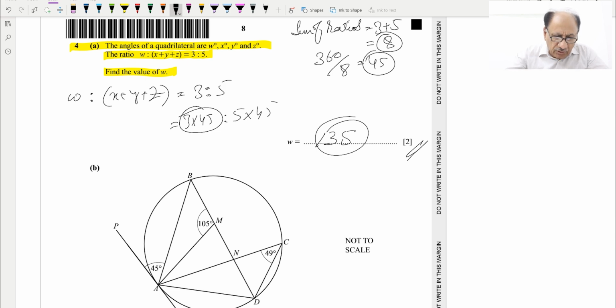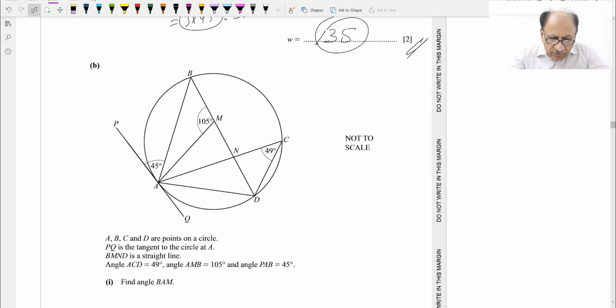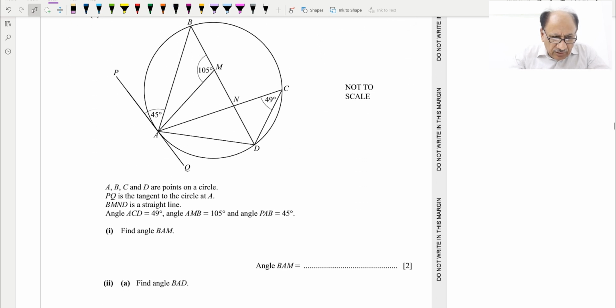Hopefully you understand this. Now B part is circle theorem, and circle theorem is saying, basically, it's not to scale first thing. Then A, B, C, D are points on the circle. So A is here, B is here, C and D is here. So they're saying PQ is the tangent at A. So PQ, this line is tangent to the circle.